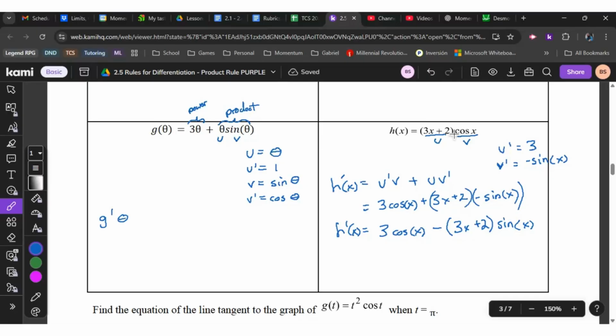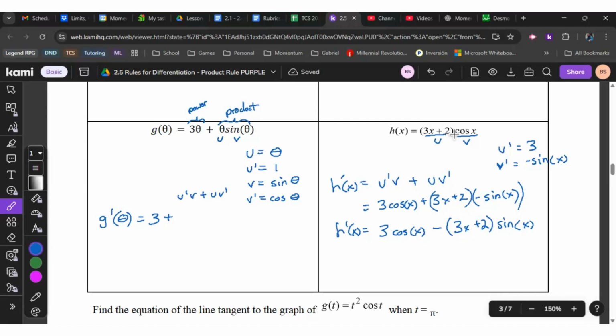So g prime of theta, 3 theta, what's the derivative of that? It's the same as 3x. What happens to the x there? Yeah, so it's just 3. Plus, now we have to do the u prime v, right? So now we do that whole u prime v plus u v prime, okay?